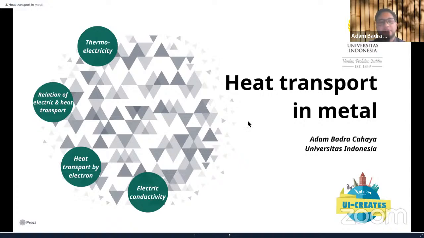Today we will discuss that conduction electrons don't only carry electricity, but also transport heat. Because of that there is an interesting relation between electric and heat transport, and we will connect that to thermoelectricity.